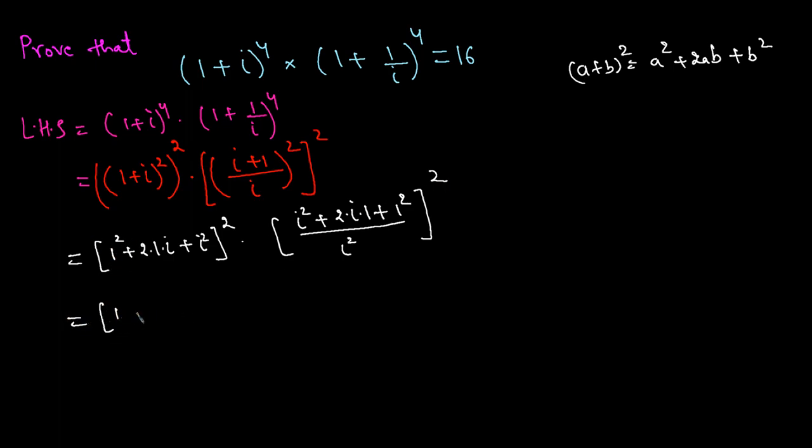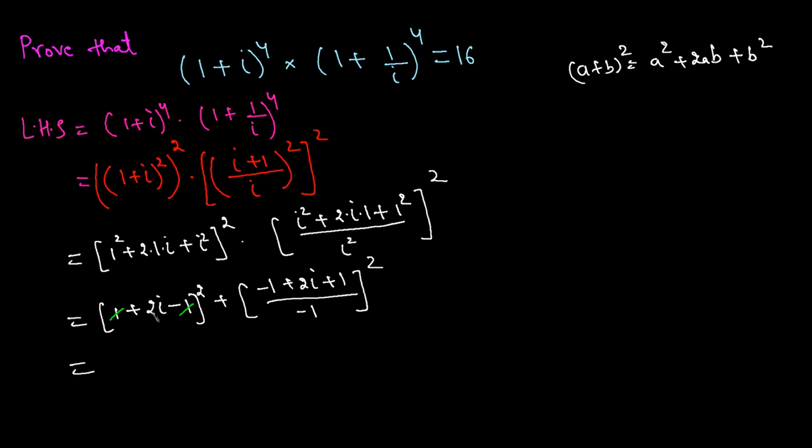So 1 square is 1, 2 iota, and iota square is a negative 1. And same thing here, iota square is a negative 1 plus 2 iota plus 1 over iota square is a negative 1, whole square there. So this 1 will cancel out this 1.